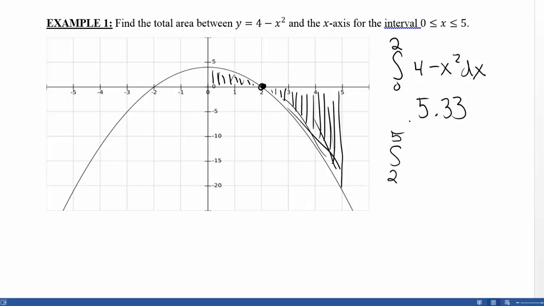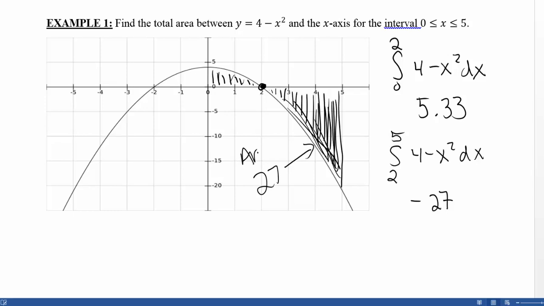But when I plug it all in, again, of the function 4 minus x squared, I get negative 27. I was expecting it to be negative because my calculator thinks I'm doing something in relation to calculus. So it's counting these rectangles as negative. But I know that that means that this area right here is 27.